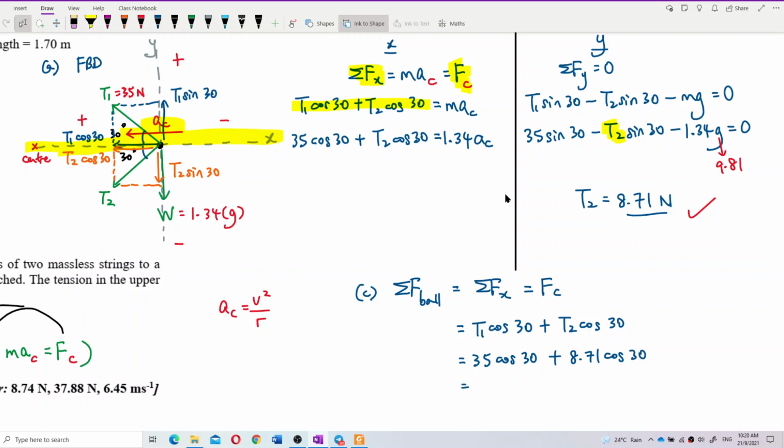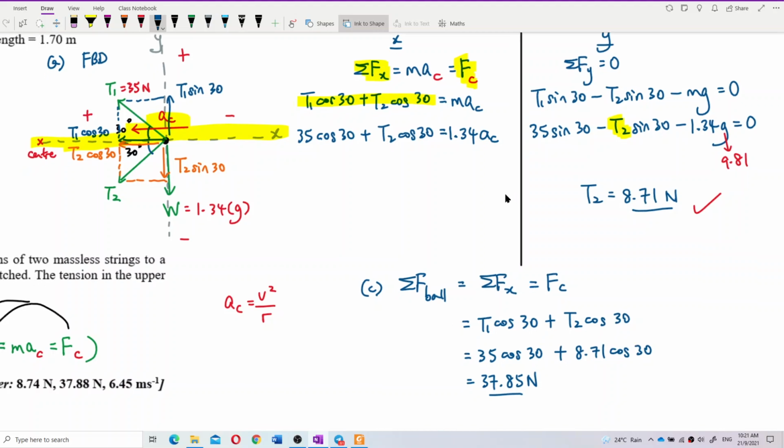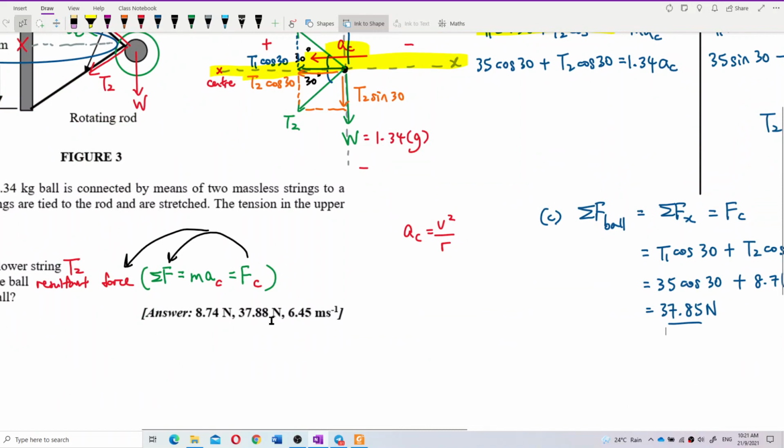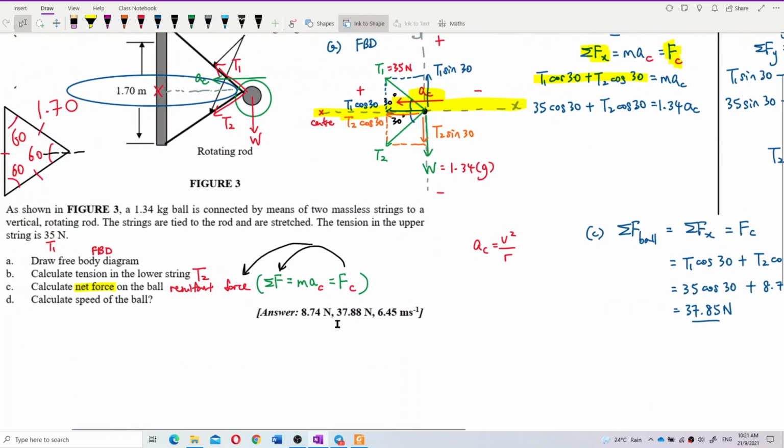So what's the answer? Okay, the answer is 37.85 Newton. That's the answer. 37.85 Newton. Is it correct? Yeah, that's correct. Yeah, 37.88.